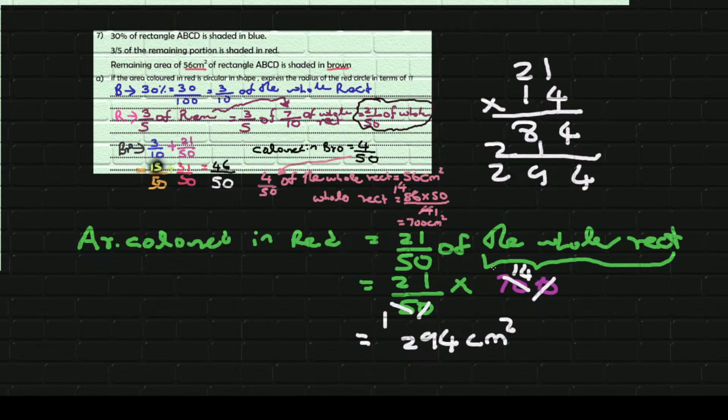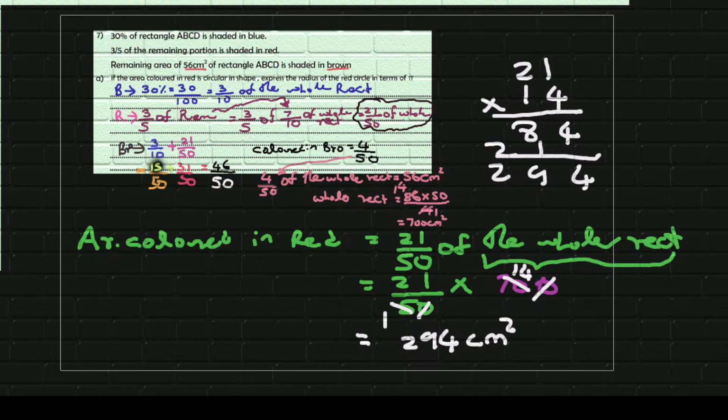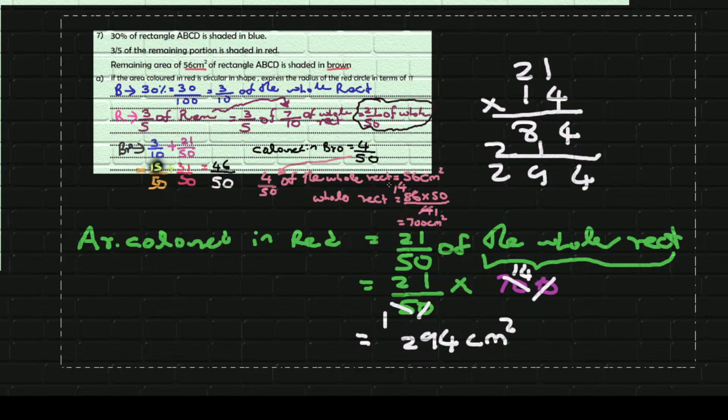Using this fact, we can find out the radius of the circle in terms of pi. How? Let's see how it is. So try to recall what is the formula to find the area of a circle. What is the formula?